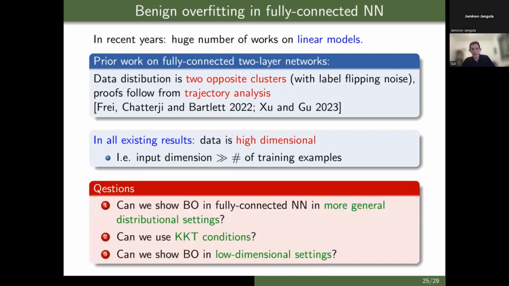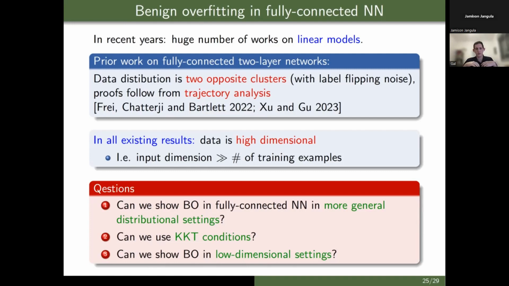And given all of these prior results that I mentioned, I want to discuss three main questions. The first question is whether we can show benign overfitting in fully connected neural networks in distributions which are more general than this case of two opposite clusters.